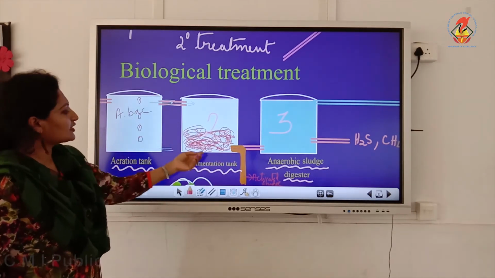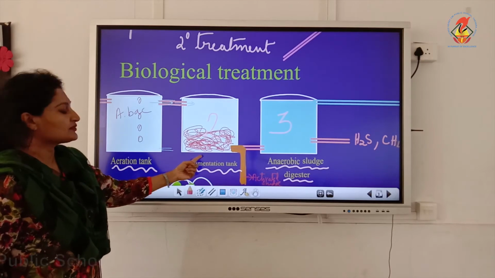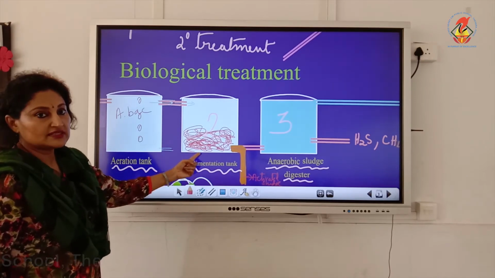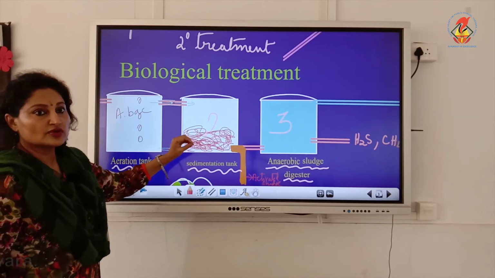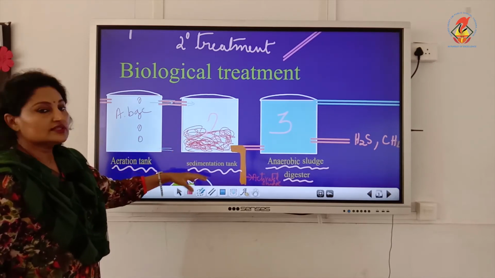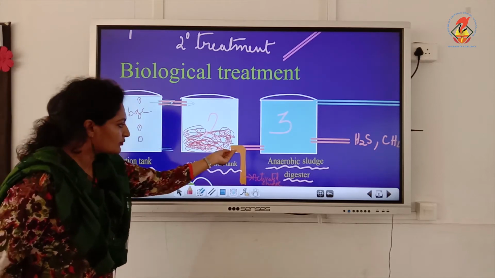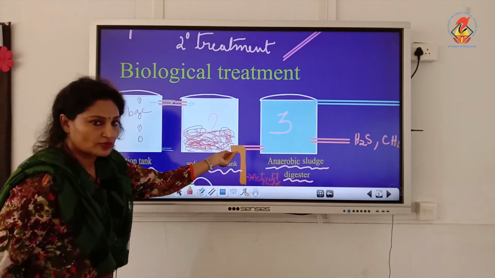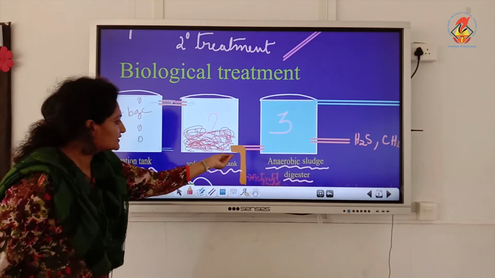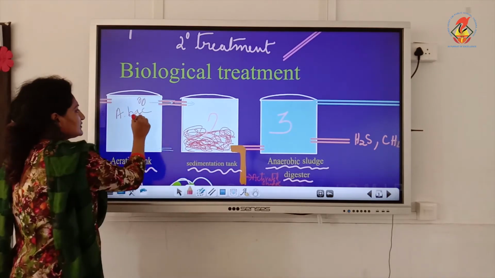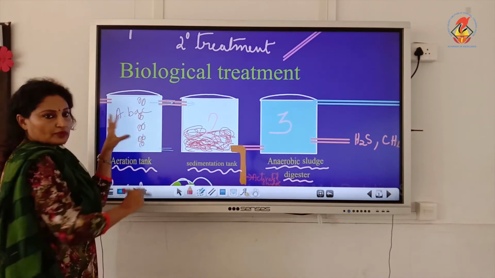They can be constantly supplied from the sedimentation tank, because what settles at the base is the flock, and the flock is very rich in aerobic bacteria. So a small portion of this sludge, therefore known as activated sludge, is taken and transferred here to supply the aerobic bacteria.